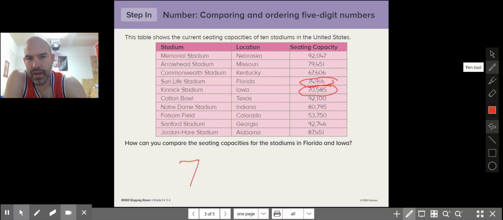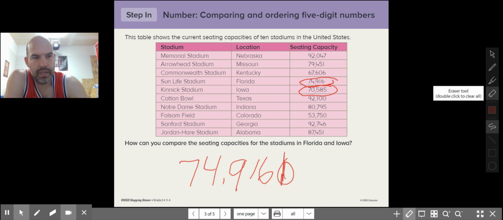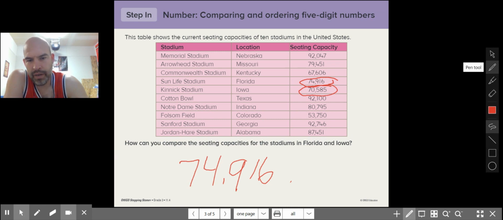So 74,916, and we're comparing that. That's going to be a little confusing to you guys. Hang on. Let's try this. Let's instead put a box. That way you're not confused. To 70,585.